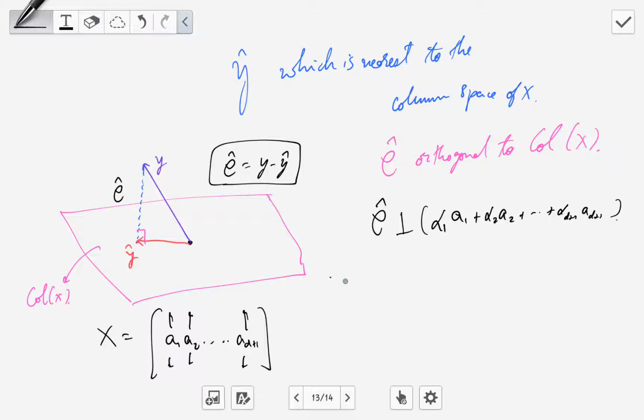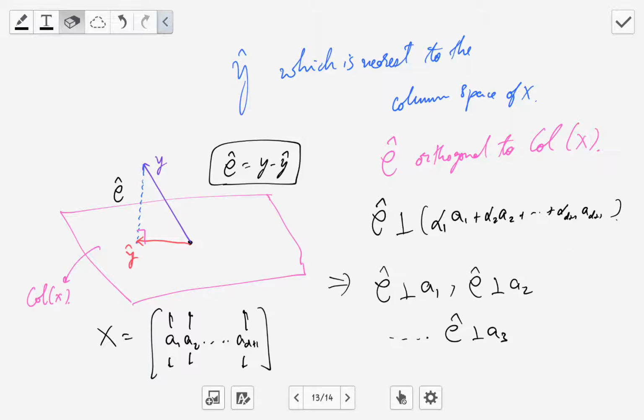That means E is perpendicular to a1 as well as E is perpendicular to a2 and so on up to a d plus 1, since this is true for all alpha i. We can write it this way.